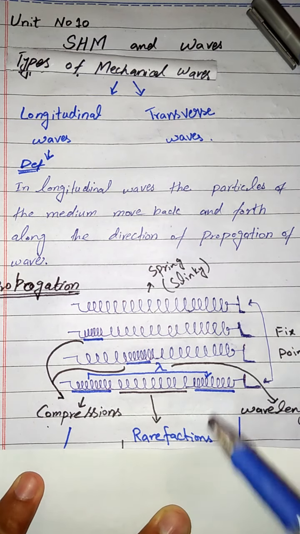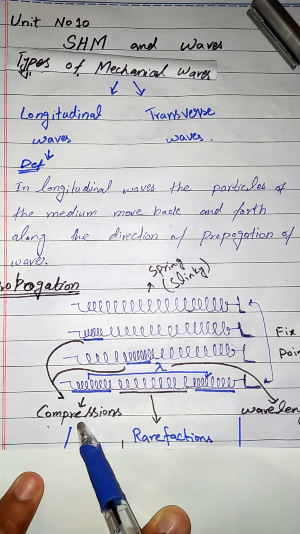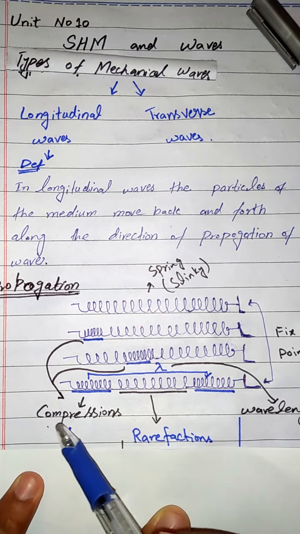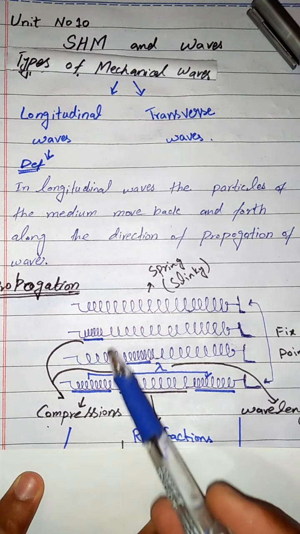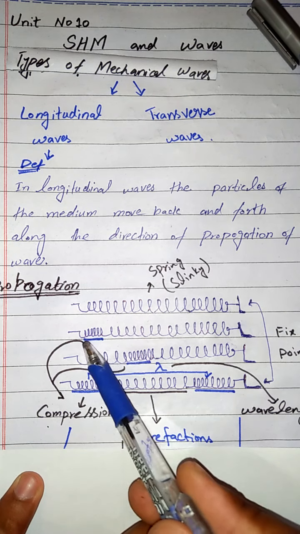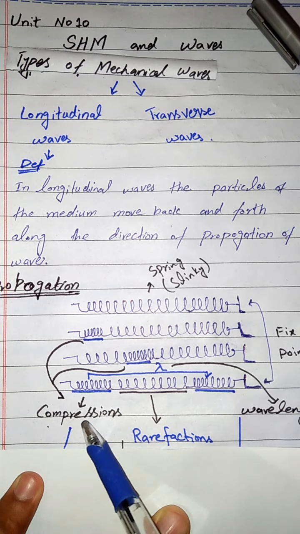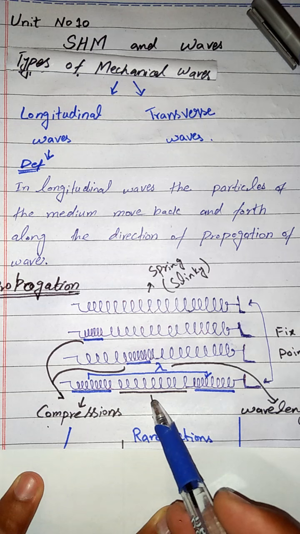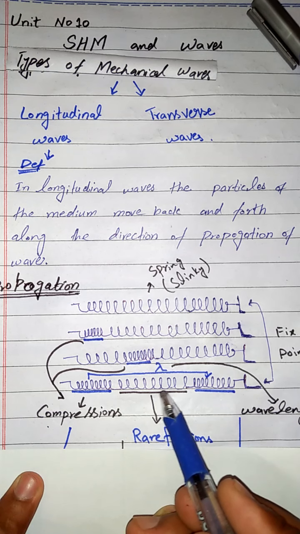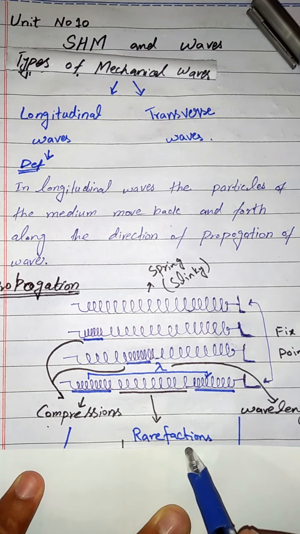So we can elaborate on it. The regions of the vibrating medium where the loops of the spring are closer to each other are known as compressions, and alternately the regions where the loops of the spring spread apart are known as rarefactions.